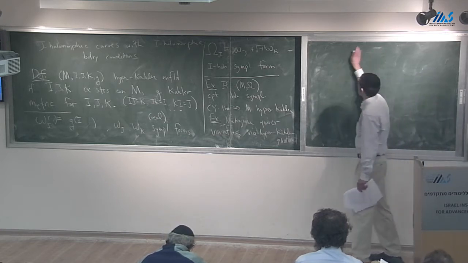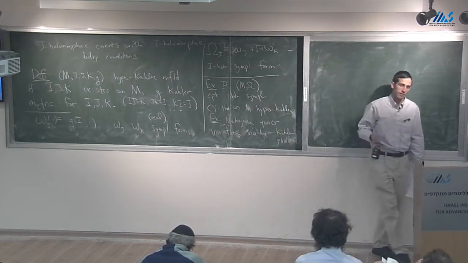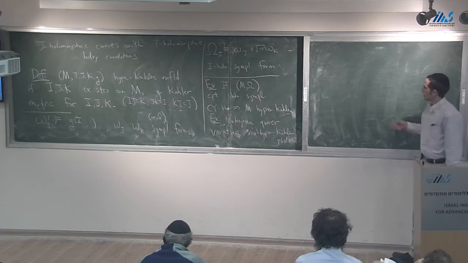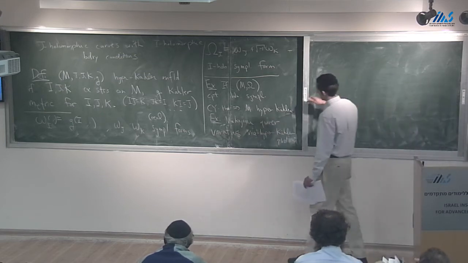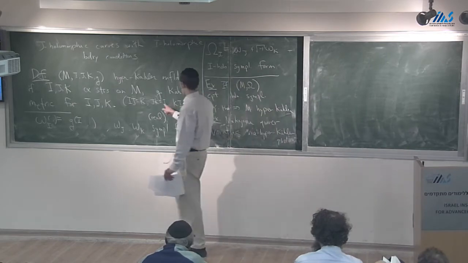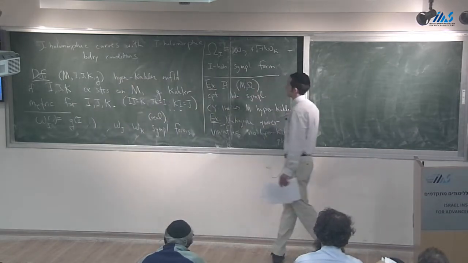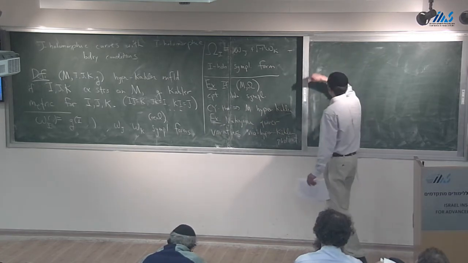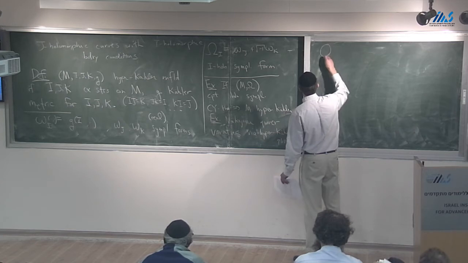The main thing which you study in the Fukaya category is what you call J-holomorphic curves. J here is a little bit confusing because we have a J in the definition of hyperkähler, so let's call it theta instead.